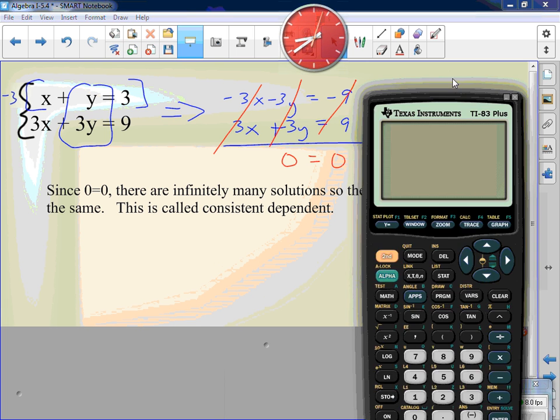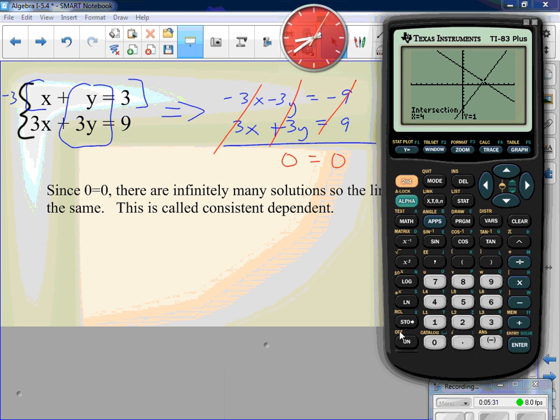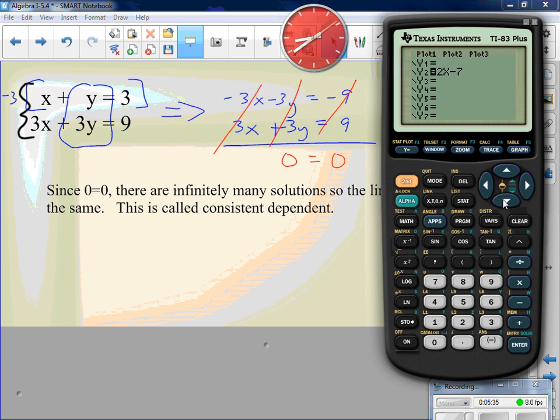If I go into the calculator, now I have to rearrange these in order to put them in. So move the x over, becomes negative x plus 3.